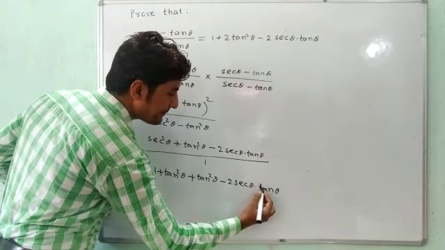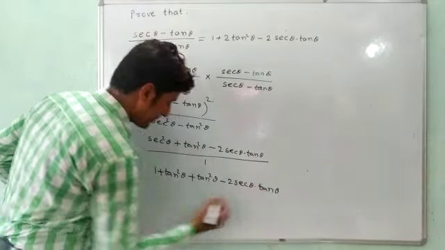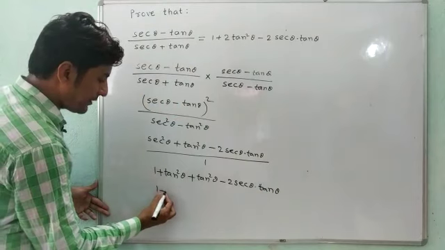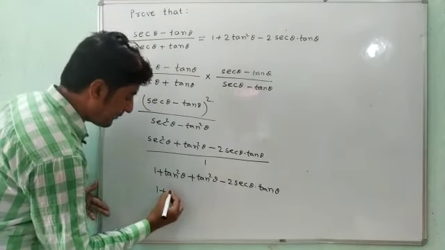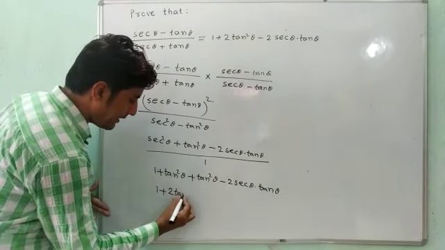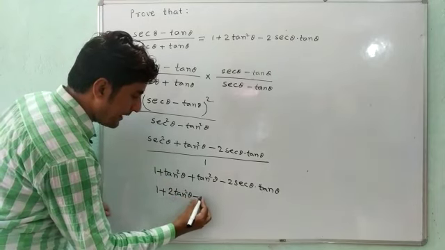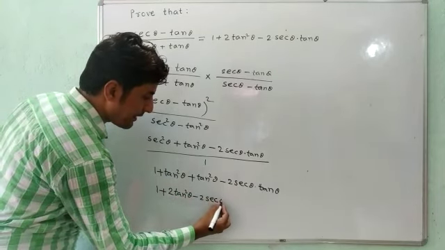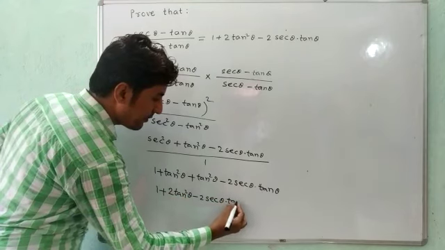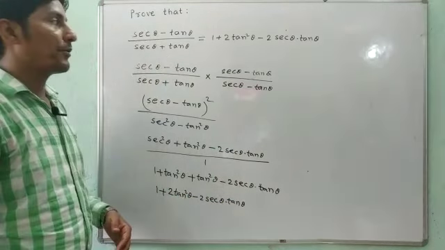Finally, we can write here 1 as it is, plus 1 tan square theta plus 1 tan square theta, that is 2 tan square theta minus 2 sec theta into tan theta. So this is also proved.